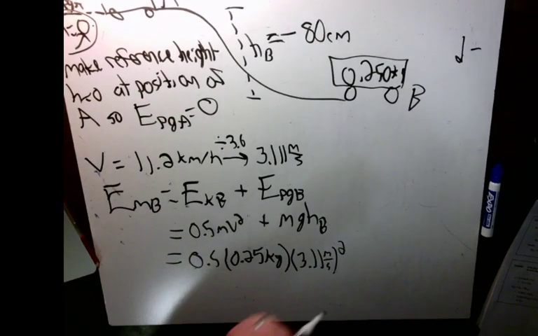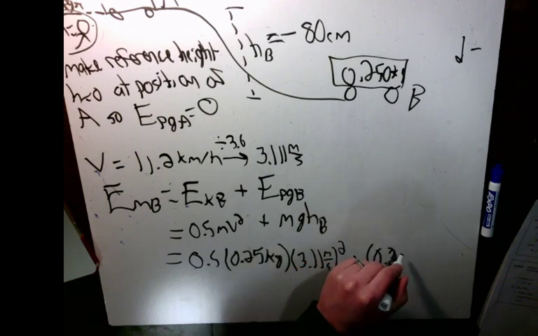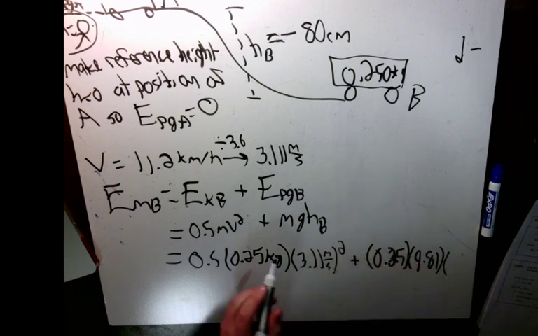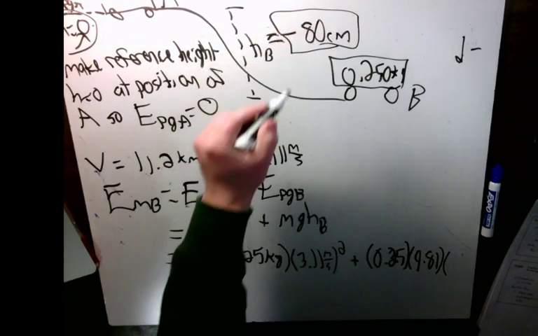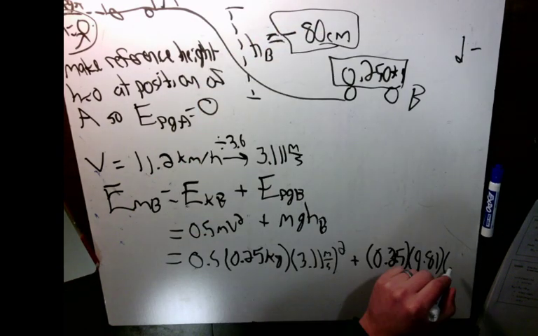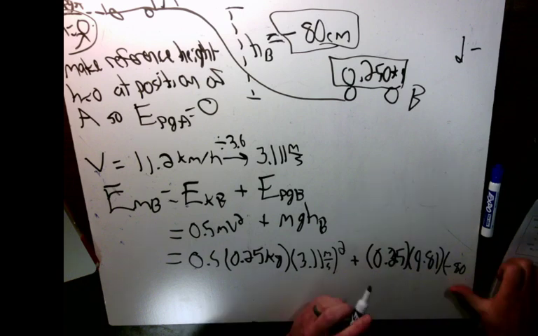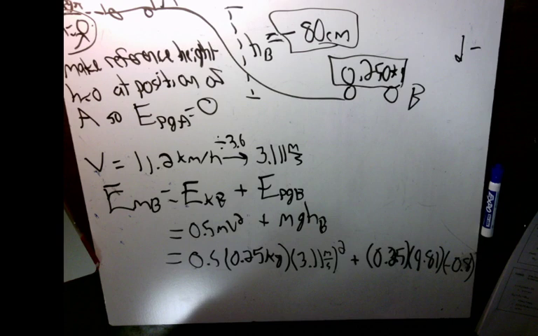Good. And we're going to add to it the mass, gravity, and our height, which we determined to be negative because it's below our starting reference. So that's going to be negative 80, or sorry, negative 0.8 meters. 80 centimeters becomes 0.8 meters.